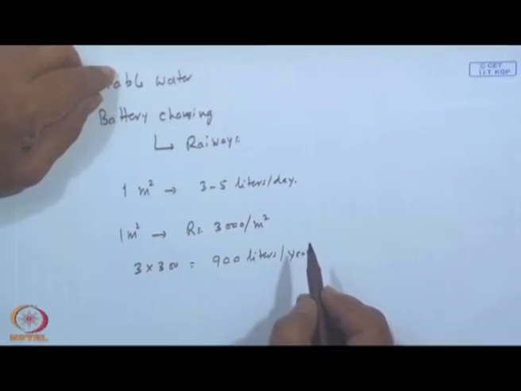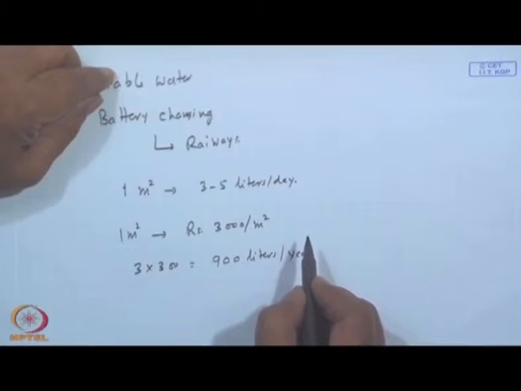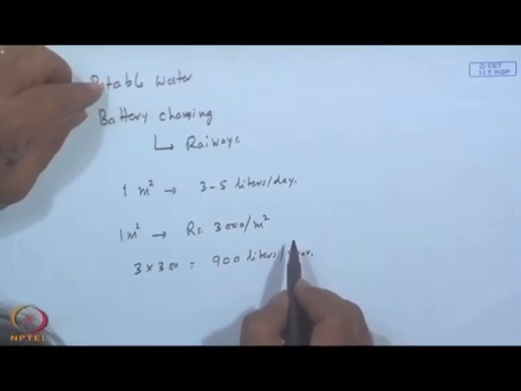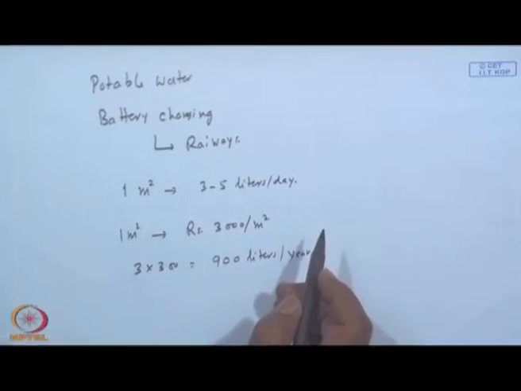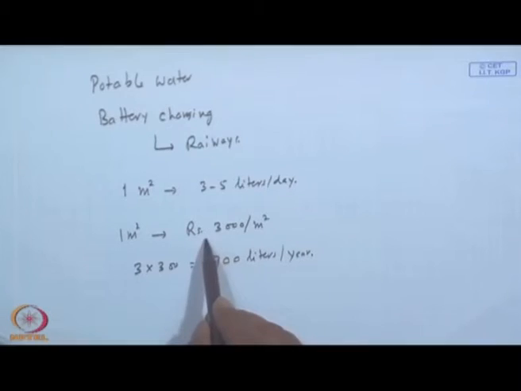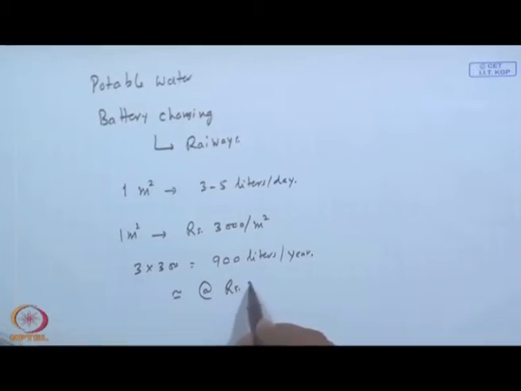In the rainy season, you really do not worry, because you can as well collect the rainwater, which is as good as distilled water, at least after the first 5 minutes of the shower. So, at the rate of 3000 rupees per square meter, if it is 900 liters per year, and a liter at Rs 2, that will be 1800 rupees, so less than 2 years.